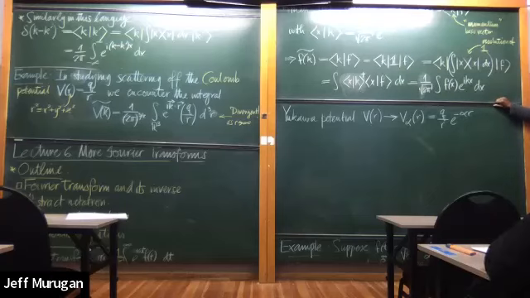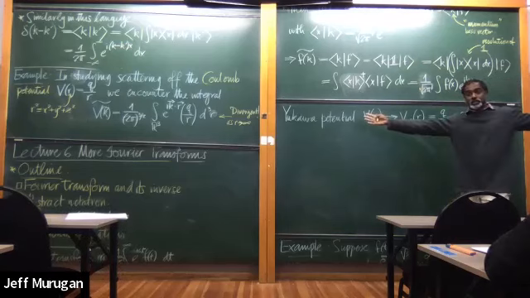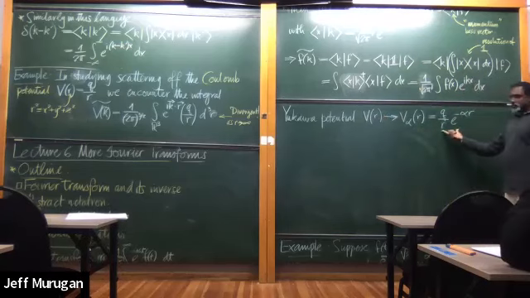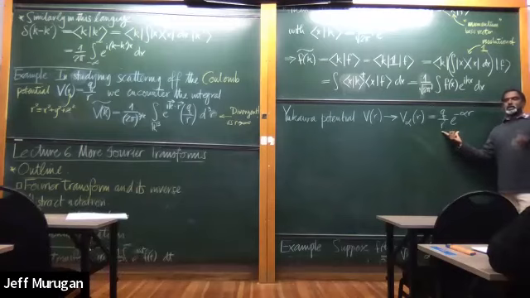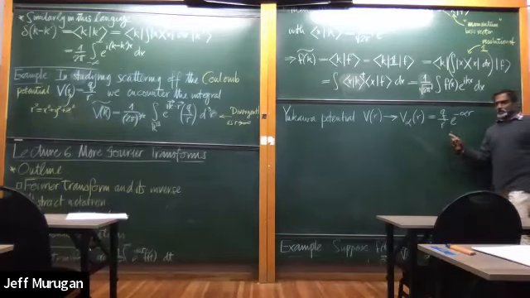The upshot of this is that the Yukawa potential, unlike the Coulomb potential, which drops off like 1 over r and is a long range interaction, falls off exponentially in r. So it's a short range interaction. If you want to understand, let's say, the nuclear forces, which are only operational within the nucleus of the atom, then this is a good model because this force exponentially decays as r increases, whereas the Coulomb potential doesn't.